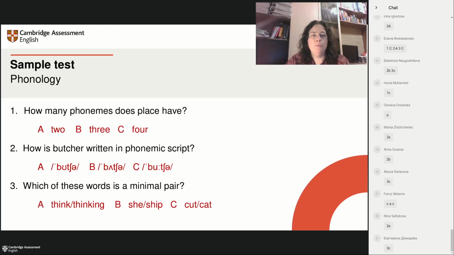Now, do we say butcher or butcher? A or B? No, we don't say butcher, seriously. No, we don't. Okay, I just exaggerated the pronunciation, of course, just to make it clear how, yeah, absurd it is.